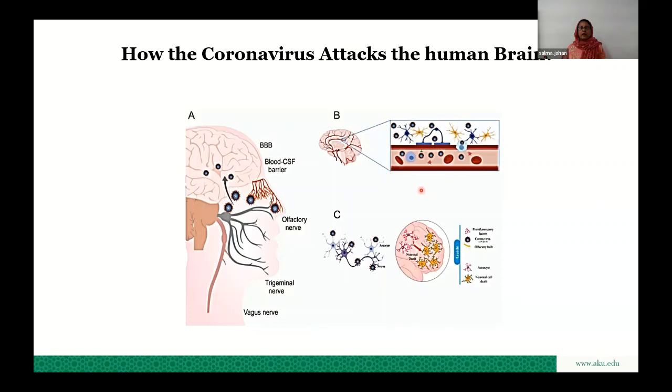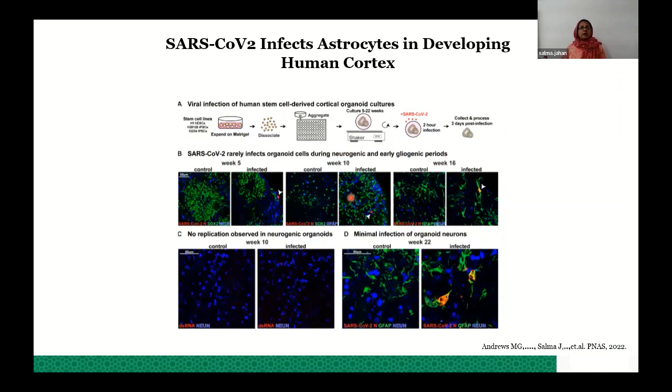The blood-brain barrier comprises a first line of microglia and astrocytes. So the astrocyte is one of the cell types at the front line of the blood-brain barrier. And we found that these astrocytes were infected a lot when the coronavirus was applied to the organoid system. This paper was published last year, and it utilized viral infection of human stem cell derived cortical organoid culture.